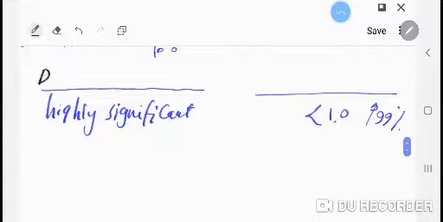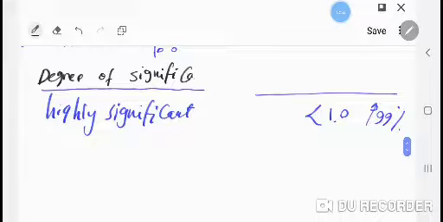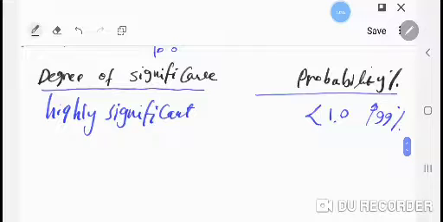Degree of significance, and this is probability percent.